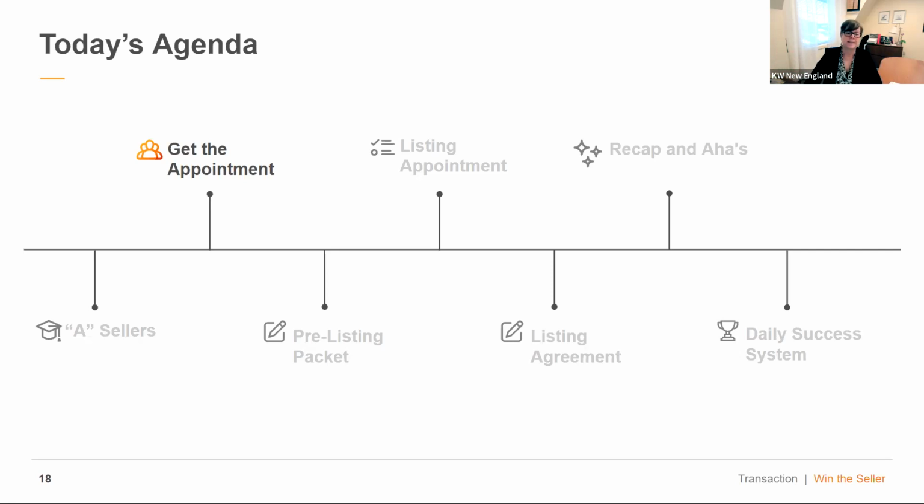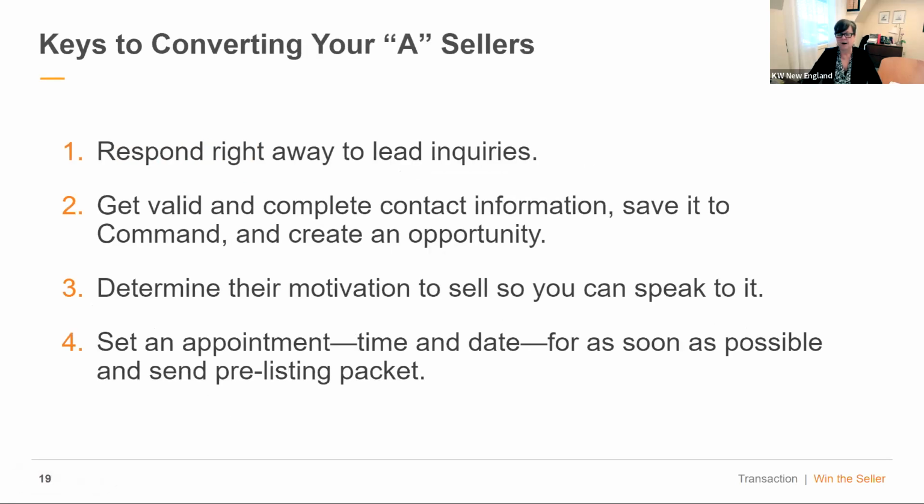So let's get into working with sellers and getting some listings, so we can get some offers that we can worry about negotiating. Let's talk about converting and getting some appointments going. We want to respond right away to every inquiry.